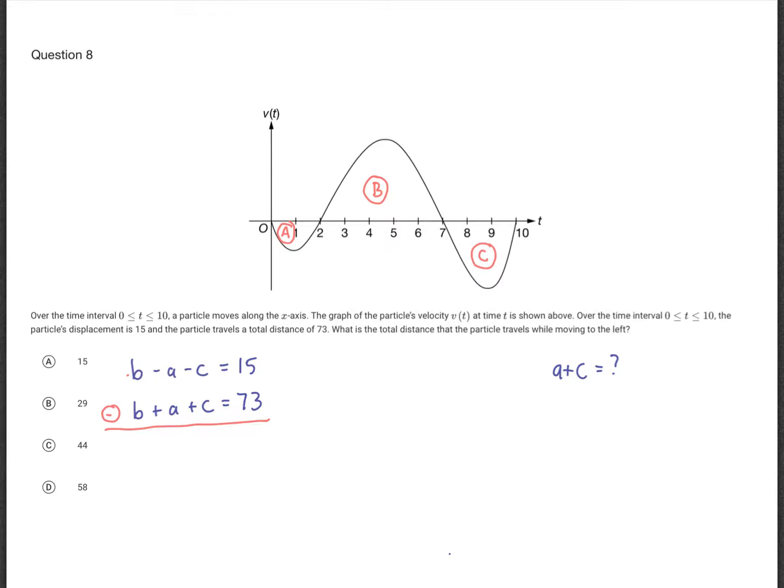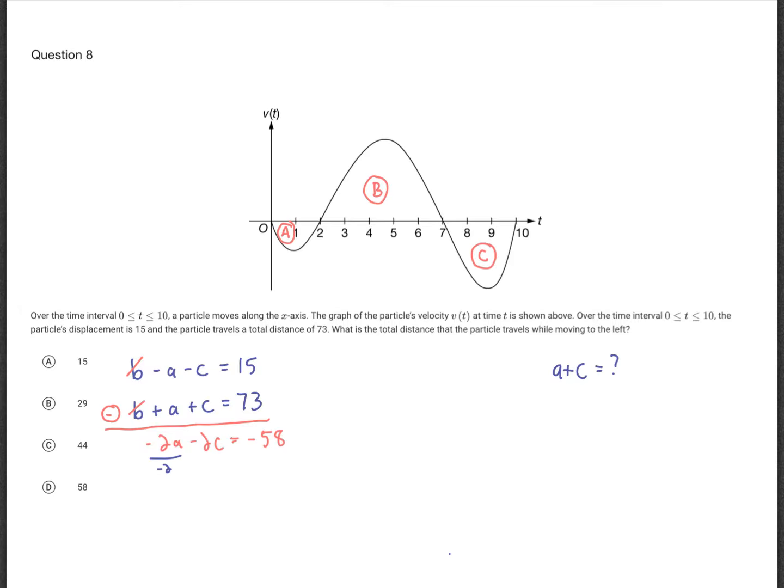Okay, so let's subtract these. These cancel out. And you just got to be careful. This is negative a minus a, so that's negative 2a. And then the same thing, minus 2c. And then 15 minus 73 is negative 58. Okay, and then we'll divide both sides by negative 2.